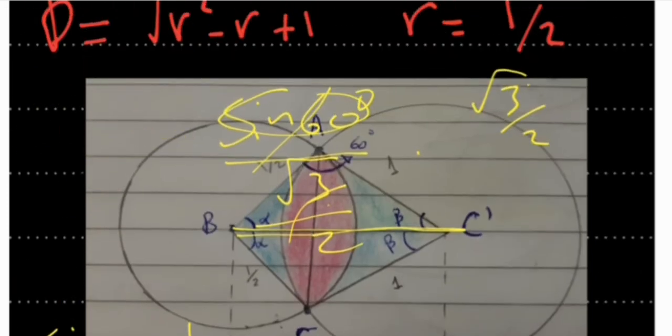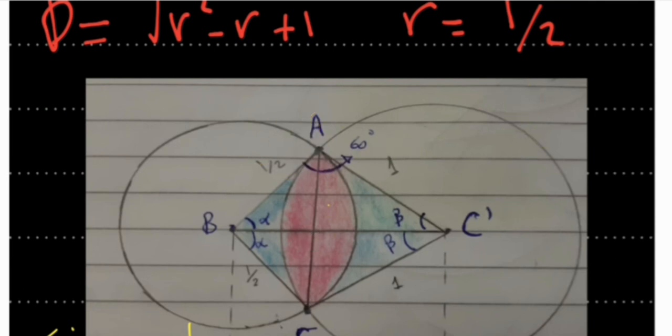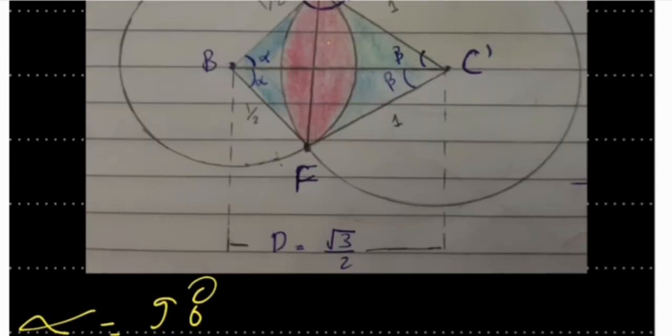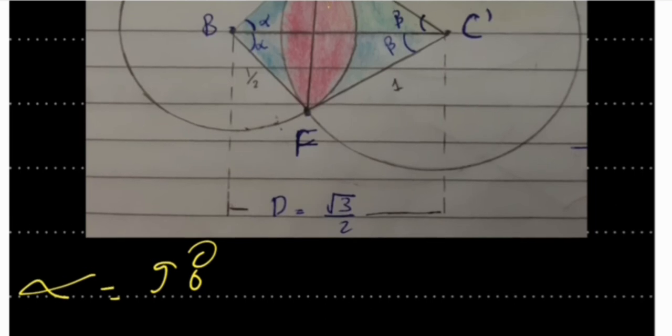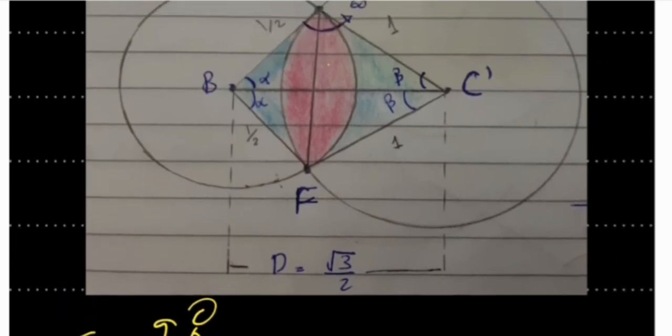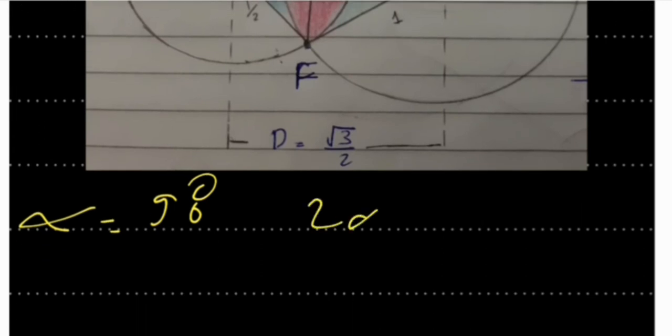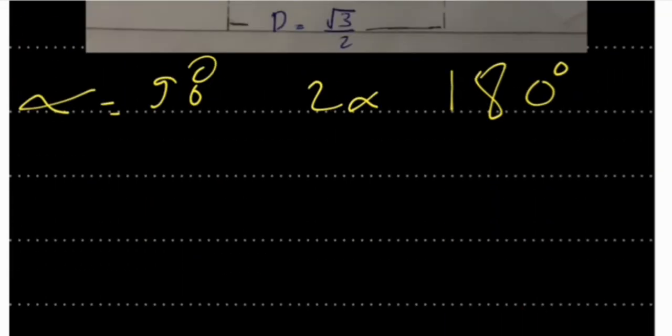So very complicated question, right? This is the second time we are using the sine law. So alpha is equal to 90 degrees. So what does this mean? This means that 2 alpha is 180 degrees. Now remember, our formula to find the area of a triangle, I'm going to prove it at the end of the video.